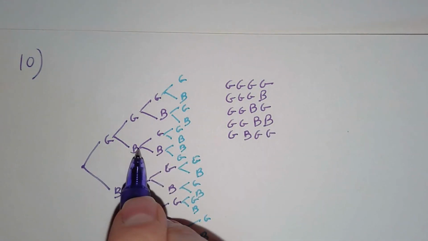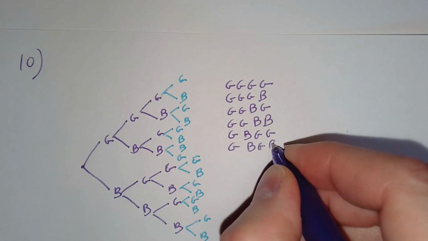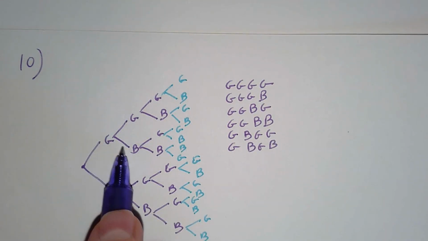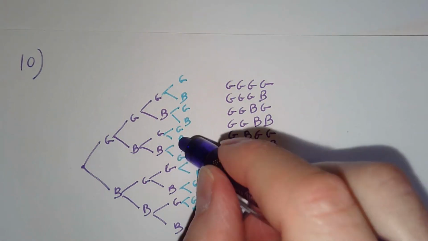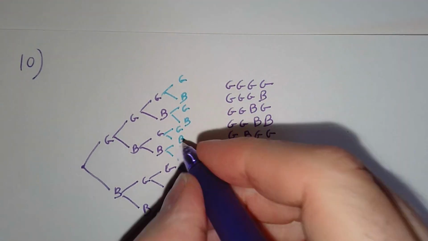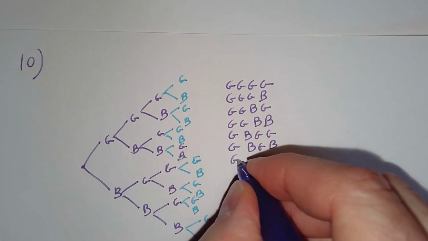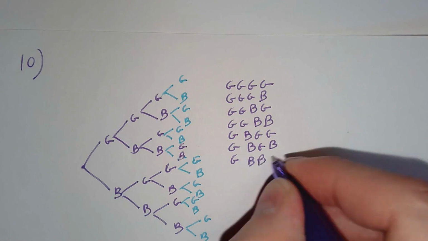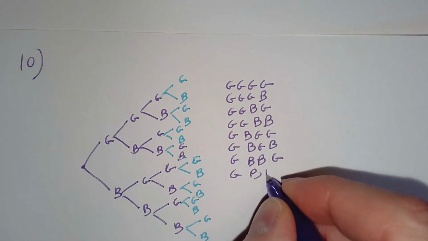And then girl, boy, girl, boy. And then girl, boy, boy, girl. I got these backwards here. My dyslexia kicking in there. And then girl, boy, boy, boy.